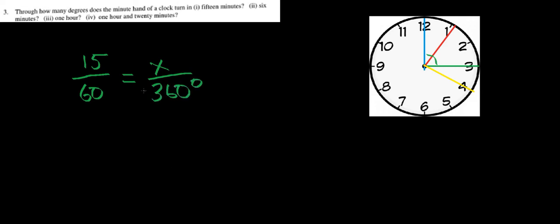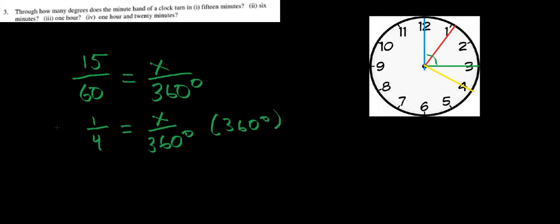We could solve this right away, or we can make it a little easier and simplify this fraction. 15 over 60 is the same as 1 over 4, and the right side stays the same: 1/4 equals x over 360 degrees. Now we multiply each side by 360 degrees.